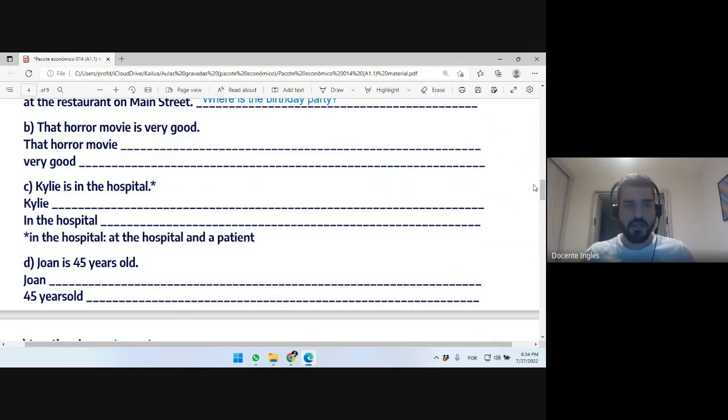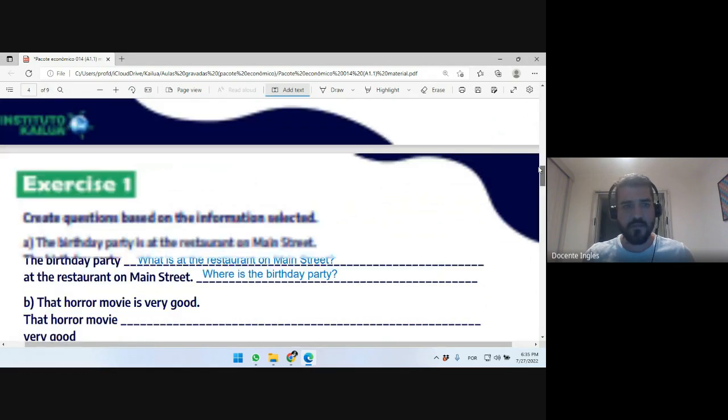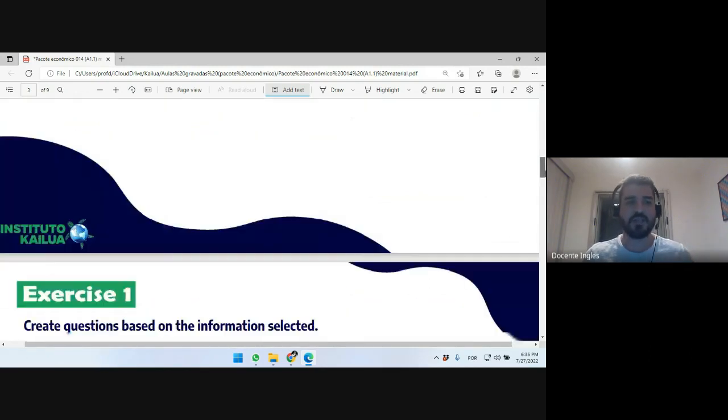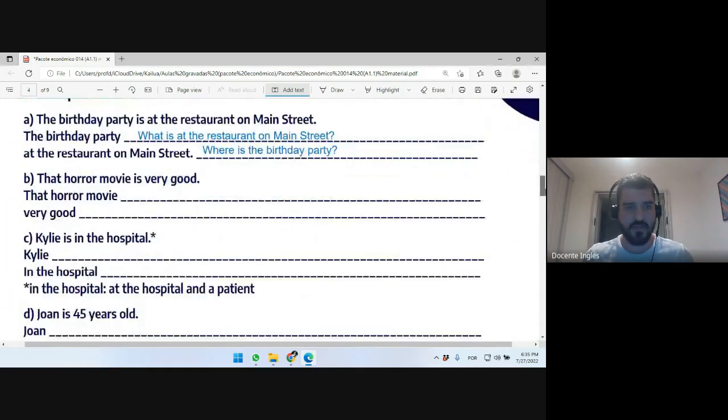So let's correct. In letter B, we have that horror movie is very good. That horror movie is in this category here, objects, events, ideas. So horror movie, idea, because it's not a physical object, but it's not an event.